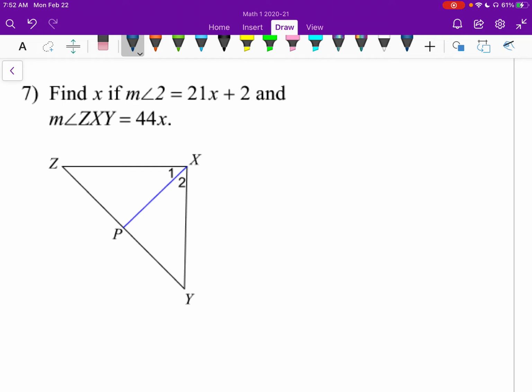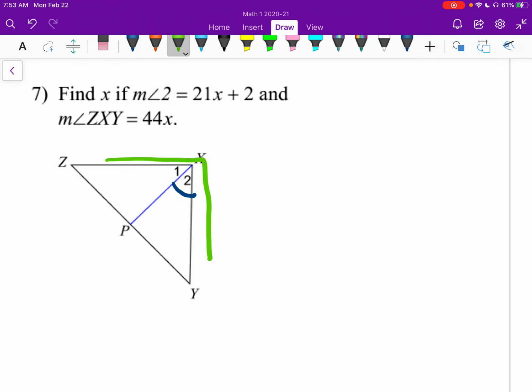Number 7. Find x if measure of angle 2, so that's this one here, is 21x plus 2, and then ZXY, so ZXY is this big thing there, the whole angle. That's 44x. So I know that measure of angle 1 and measure of angle 2 are congruent.